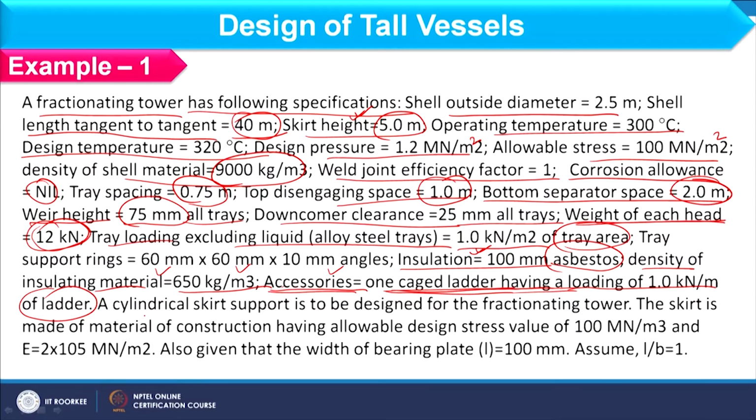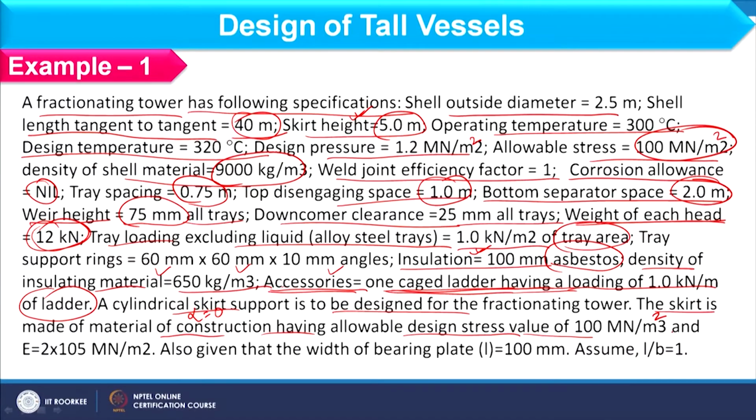Okay. Next, cylindrical skirt support is to be designed. So, here I am considering alpha 0, if you recall the last lecture. The skirt is made of the material of construction having allowable design stress value as 100 mega Newton per meter square. Okay. And that will be equal to the material which we are using for the shell.